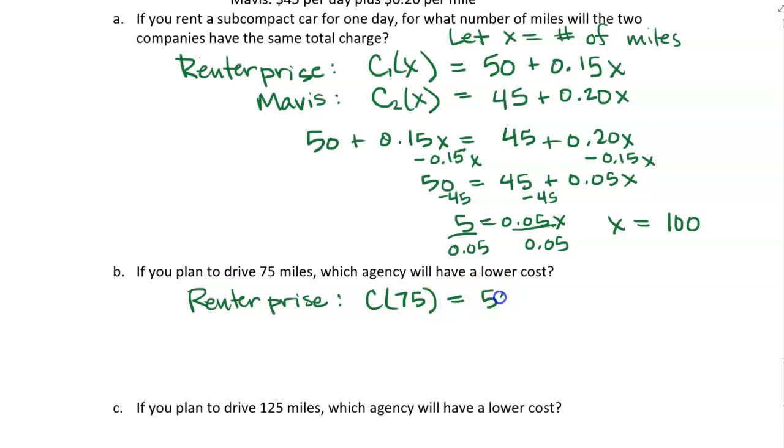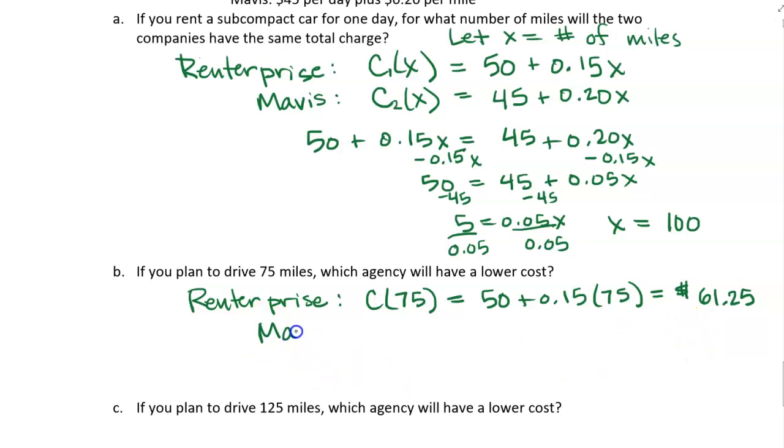And so I'm going to end up with 50 plus 0.15 times 75. Then we're just going to put that in my calculator, and I get $61.25. That's what Renterprise would charge me if I drive 75 miles.